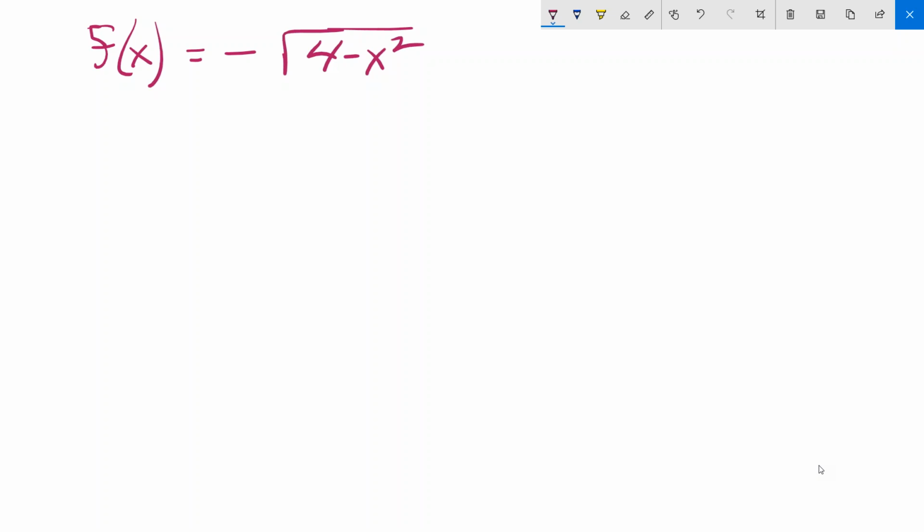So what is the parent function? X squared. Square root of x. Ah, interesting. They gave you a really tough one.